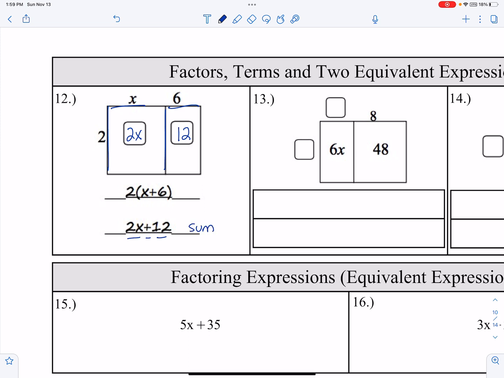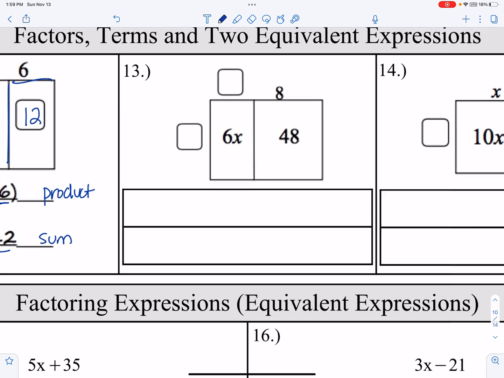Or we can go ahead and factor out the 2 and show this as a product of 2 times that distance on top. So essentially we have the length or the width being 2 times the x plus 6, that distance up here. And really this still is width times length, or length times width.